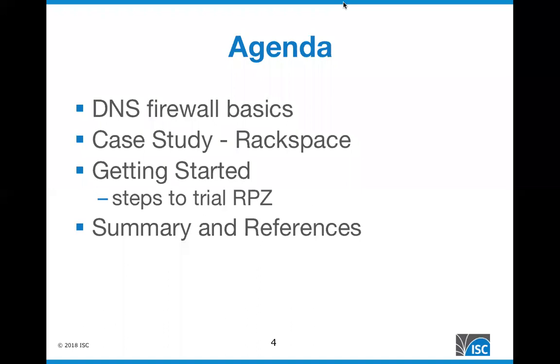At the beginning, we're going to talk about the very basics of DNS firewalling, how we got here, and how we invented RPZ. RPZ was invented at ISC, and it stands for Response Policy Zones, in case you don't know the acronym. Then we'll get into the case study I just mentioned.